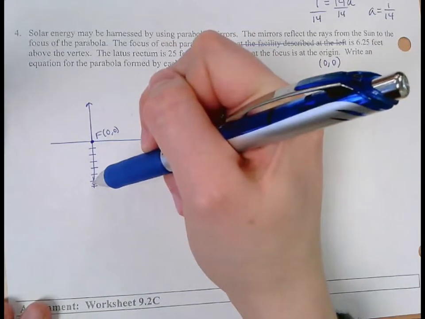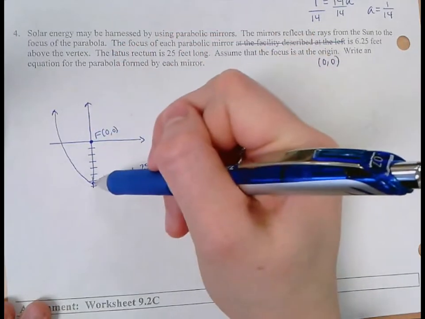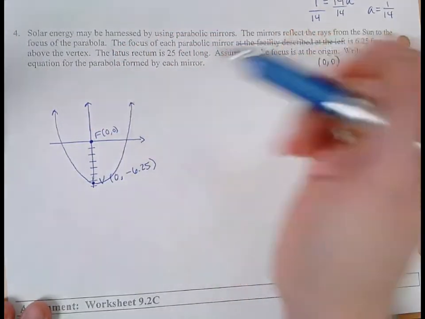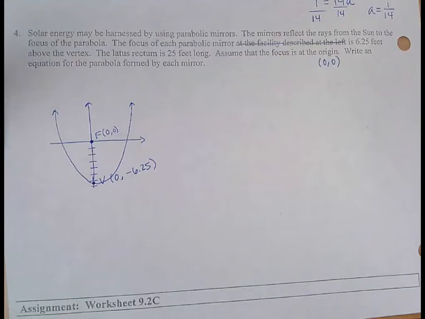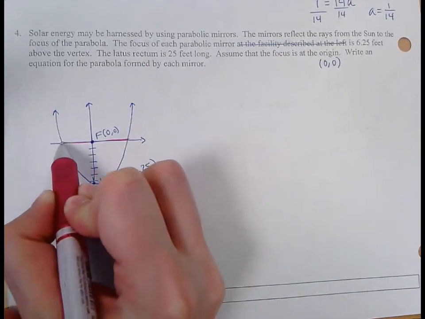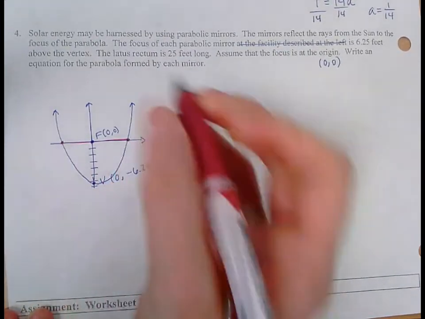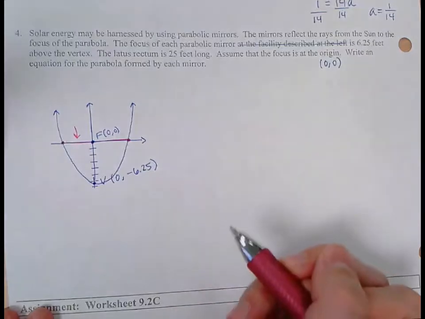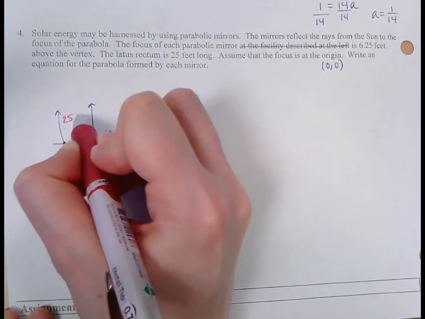So I have this parabola. I can tell based on the placement of the focus and the vertex, it's opening up. And then I'm also given the length of the latus rectum. If I were to draw that in, remember that's the line segment that goes through the focus and has endpoints on the parabola. I know the latus rectum is 25 feet long.